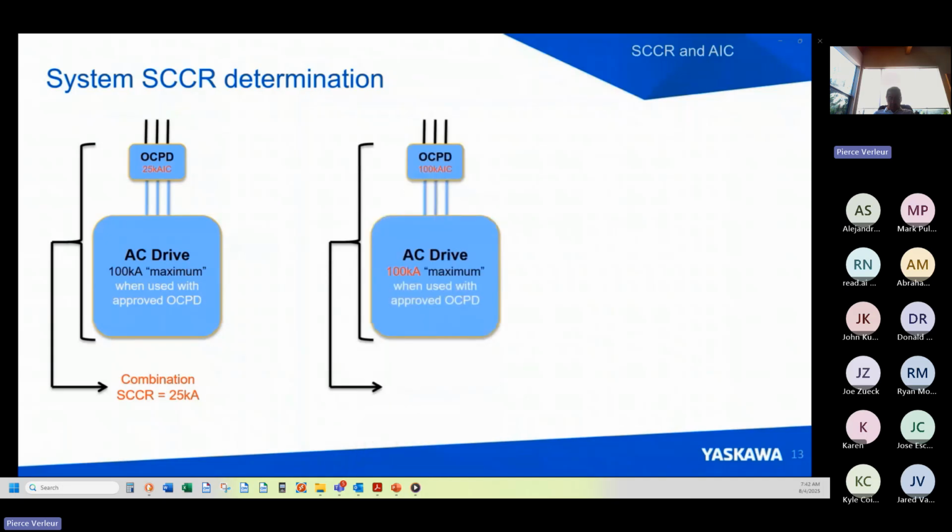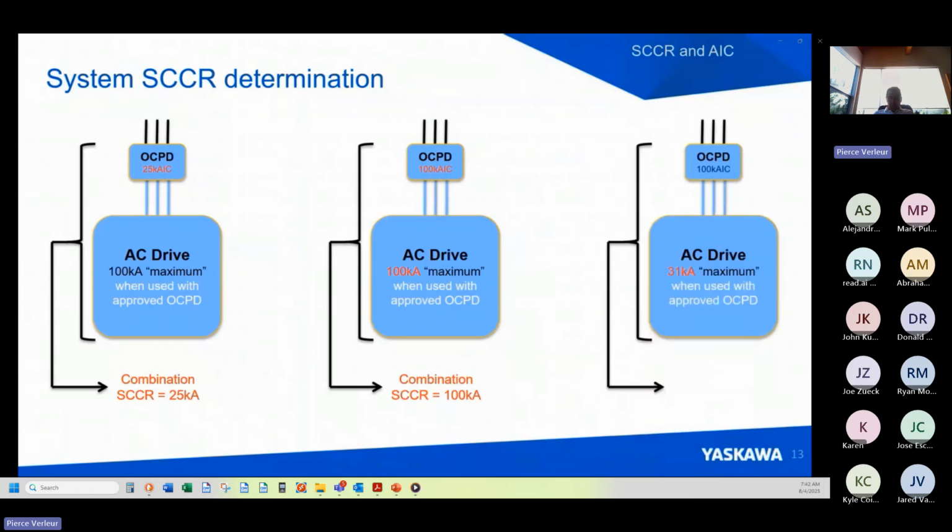Okay, let's look at a situation where they equal each other. Both devices, the overcurrent protective device and the drive, are rated at 100,000 amps. In that case, the combination is rated at 100,000 amps. Now let's look at the opposite, where the overcurrent protective device has an interrupting capability of 100,000 amps, but the drive only has a capability of 31,000 amps.